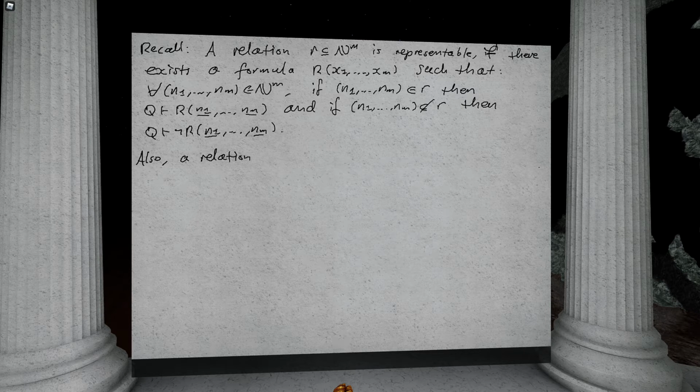Wait, could you repeat that? A general recursive relation is a relation whose characteristic function satisfies that stronger version of representability that we ended up using, right? Wait, no. The definition of general recursive is completely independent of representability.